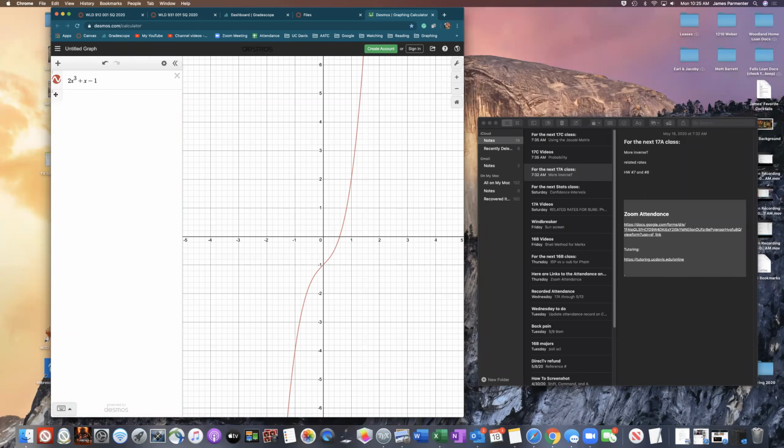So I'm going to graph y equal to x minus f of x, which is just that function: 2x cubed plus x, sorry, divided by the derivative, which is 6x squared plus 1.